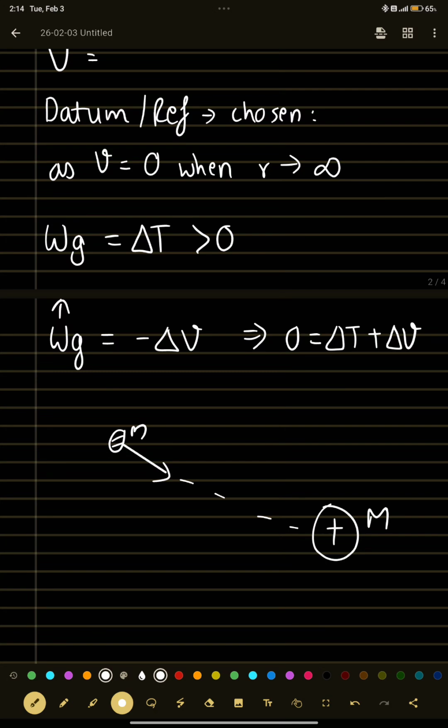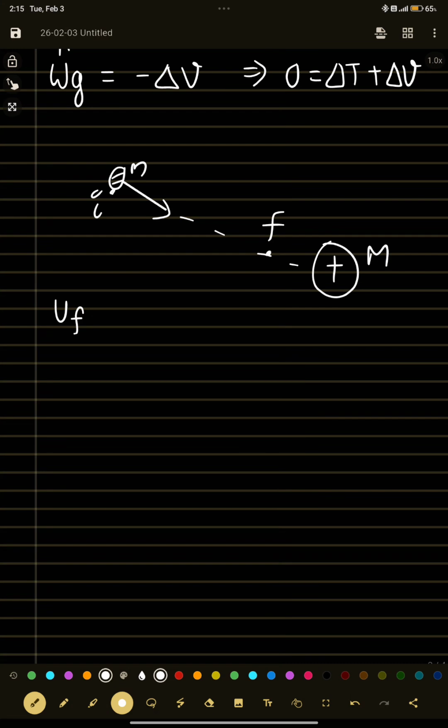That means the potential energy change must be negative. So Vf minus Vi must be negative.